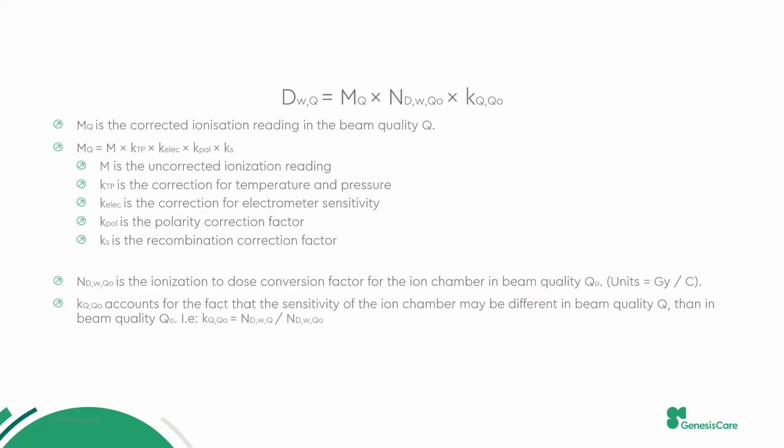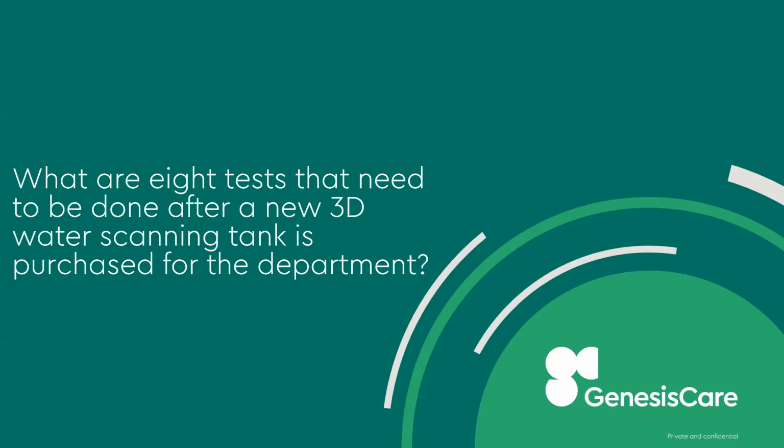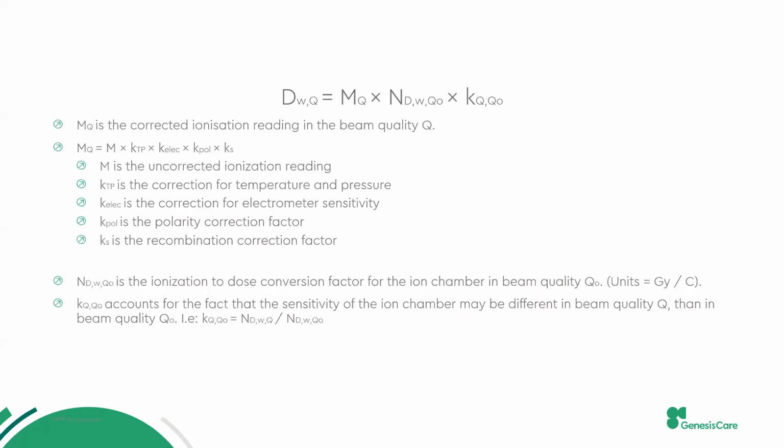And the k_elec electrometer correction applies if the chamber and electrometer are not calibrated together. If they are calibrated at once, we don't need the electrometer correction factor. So if we take the uncorrected meter reading and multiply all of them, we get the corrected meter reading.